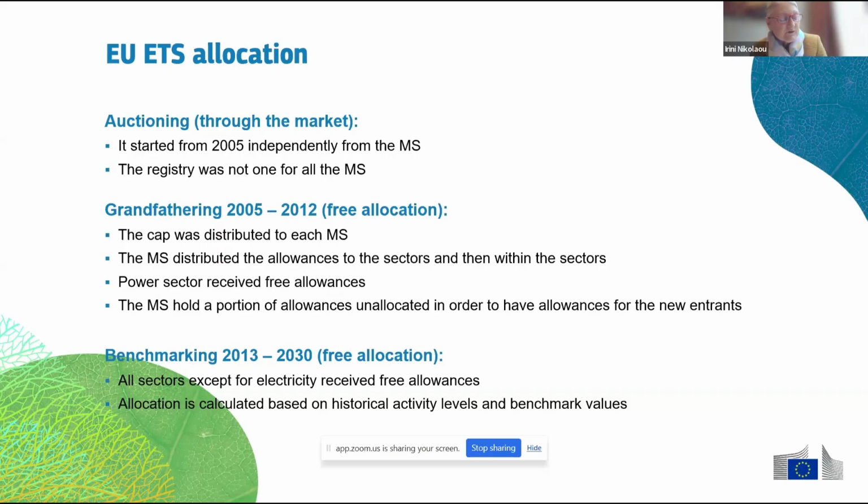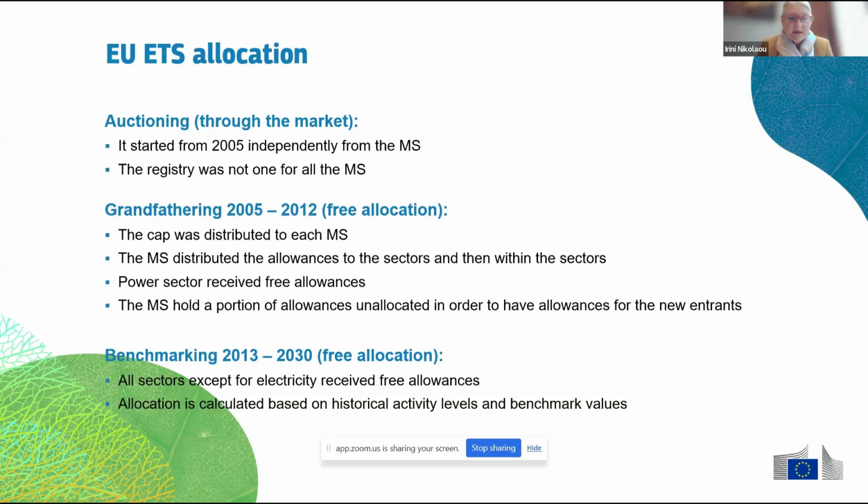And then in phase 3, in 2013, we introduced benchmarking, which was a much better and fairer way to distribute free allowances, plus one adjustment to the free allocation, which we called partial cessation of operation, or also capacity extension or capacity reduction of the installation, because we had to take into account an installation that invested in a new production line, and of course they should receive more allowances than before.